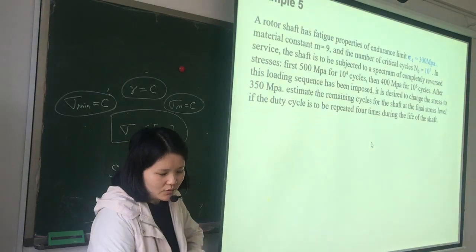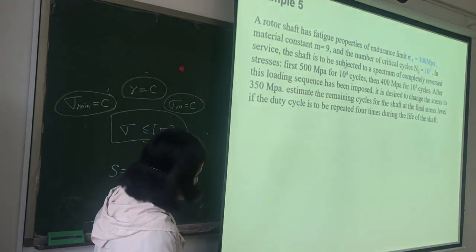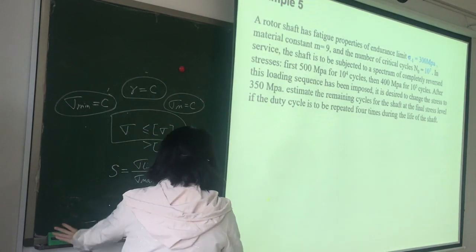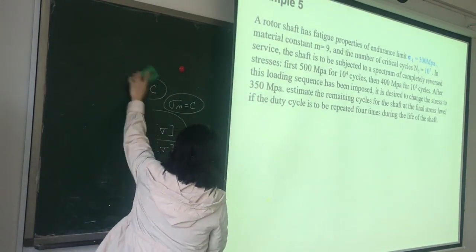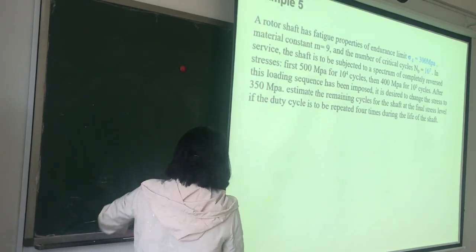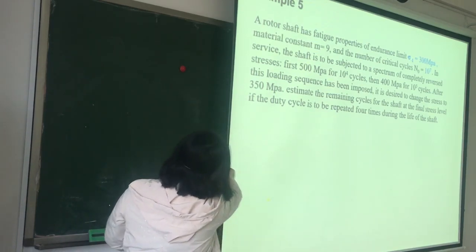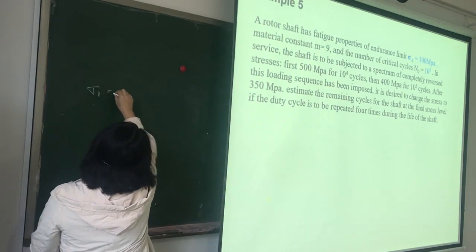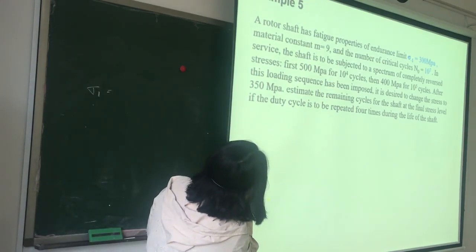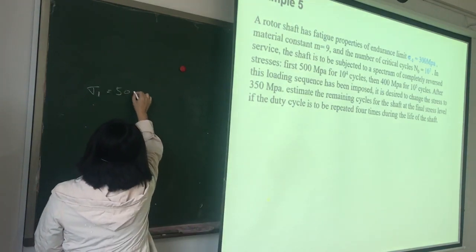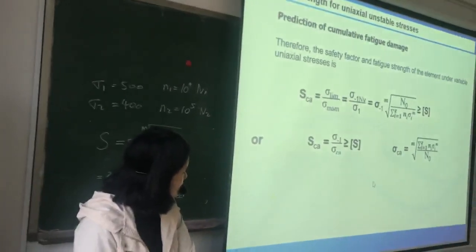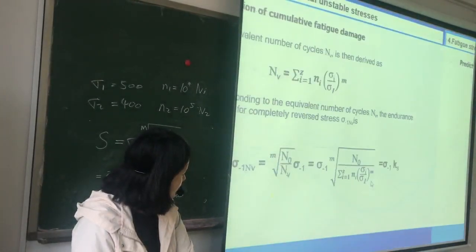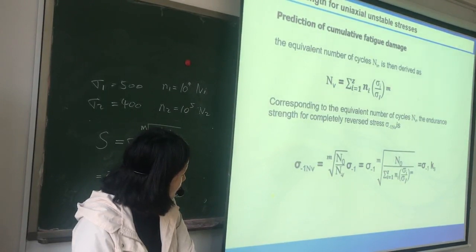So we should calculate. When we load, sigma 1 is 500, and sigma Ca we can calculate like this.